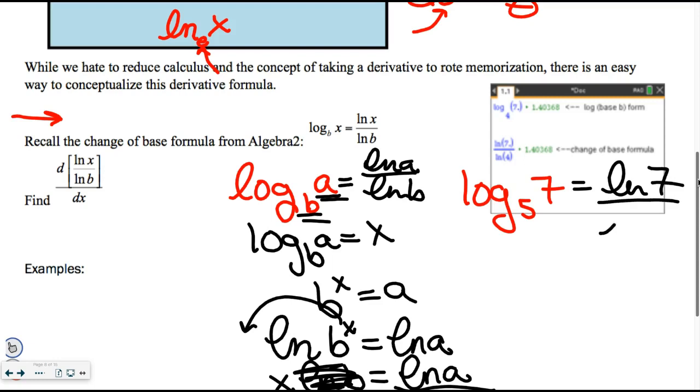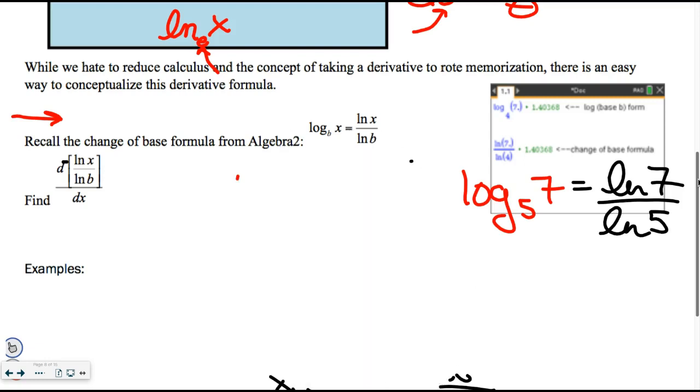7 over ln 5. So how is that going to help us? I'll show you. Let's write this a little nicer. Suppose I said log base b, where b could be 7, 6, 5, 4, of x.